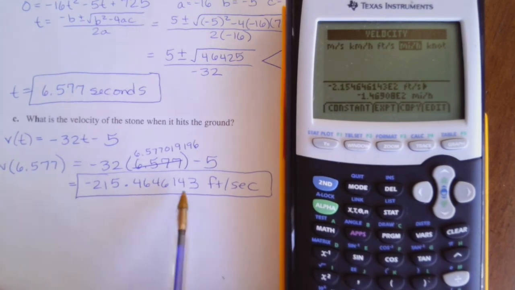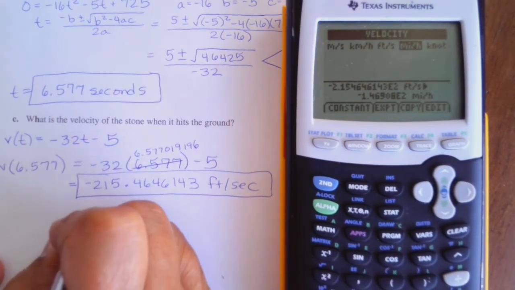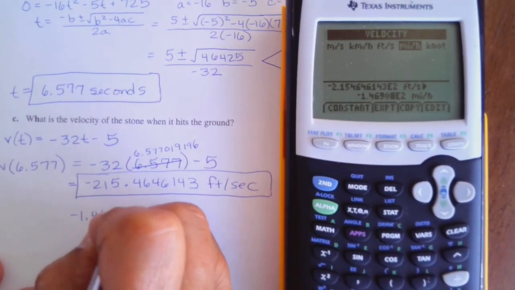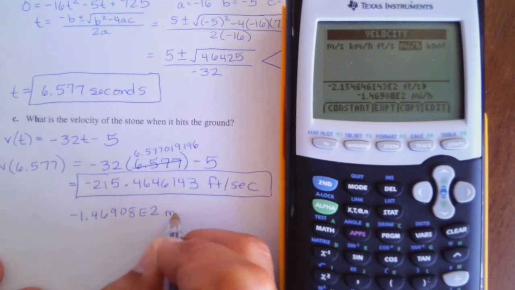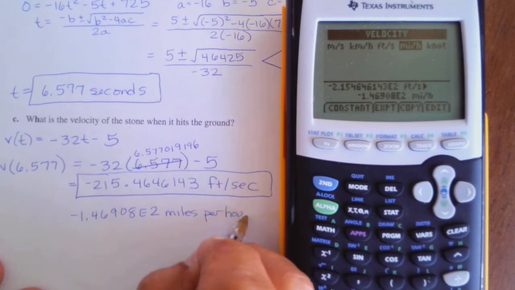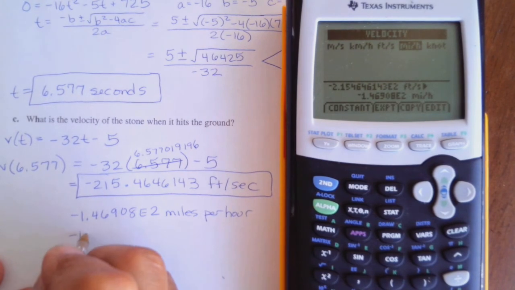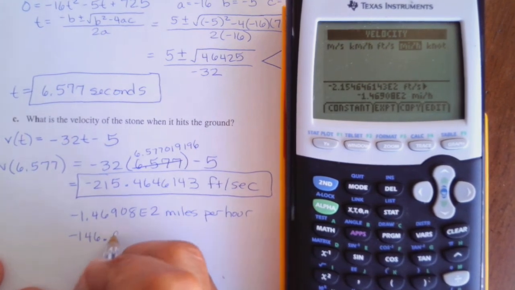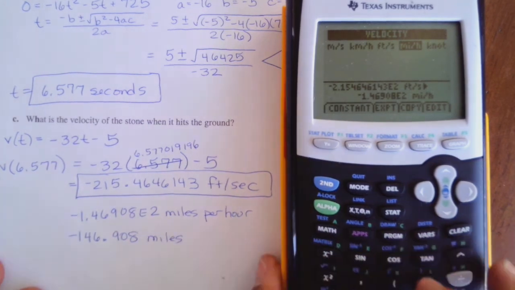All right, so this same velocity in feet per second is negative 1.46908. And then don't forget E2, miles per hour. Okay. So that means move that 2 places to the right. Negative 146.908 miles per hour.